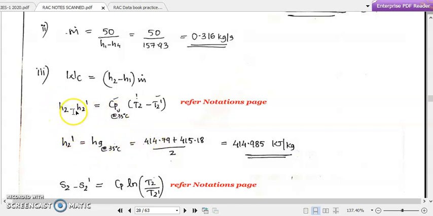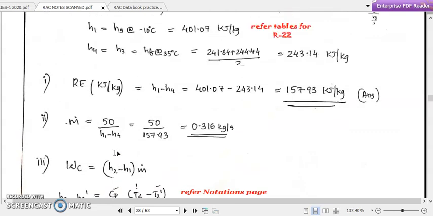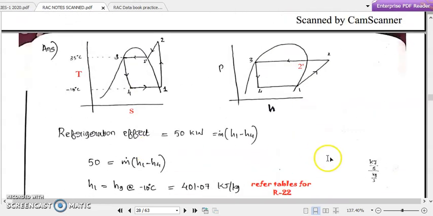Okay, so what is this? We have to find the h2 value. What is the value of h2 dash? h2 dash will be nothing but the hg value at 35 degrees Celsius. How did we find that? Again, look at the pressure enthalpy diagram. What is the condition of the refrigerant at 2 dash? It will be the saturated vapor state.